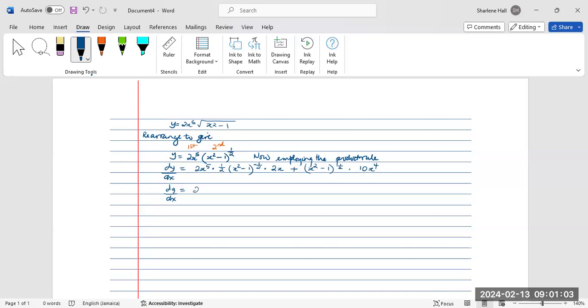So I'm going to get 2x to the fifth times x, which is x to the sixth, times x squared minus 1 to the negative a half, plus 10x to the fourth times x squared minus 1 to the half. Do you agree with that? Yes, sir.